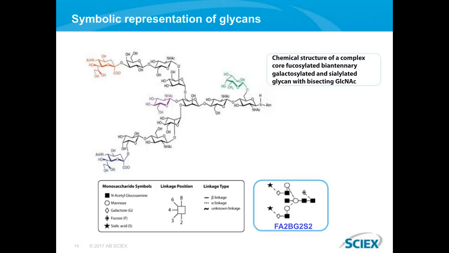We are using the Oxford nomenclature for that, which is shown right here. The monosaccharide units, the linkage positions and the linkage type are decoded like shown here. Mostly we will be using just the abbreviated form of, for example, this structure here, FA2BG2S2, which means that it's practically a biantennary structure with a bisecting GlcNAc, a core-fucosylation, and 2 sialic acids.